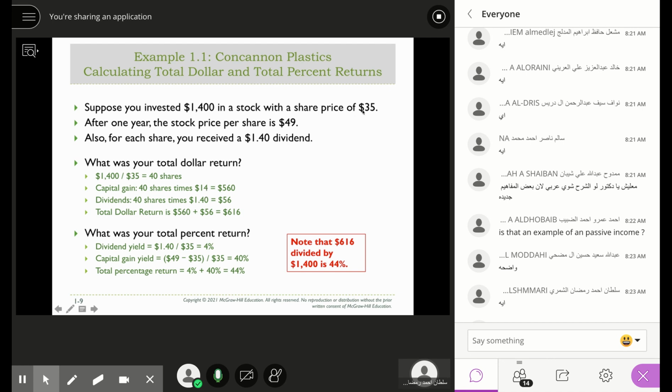The capital gain is basically 40 multiplied by 14. 14 is the difference between the beginning stock price and the ending stock price. The difference between the two is the capital gain because the price increased. If the price went from 35 to, let's say, 25, this would be called a capital loss.